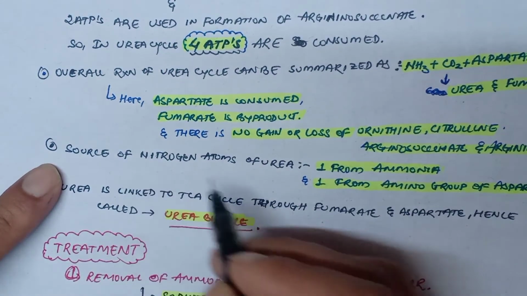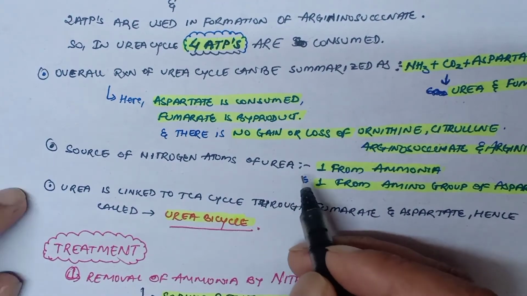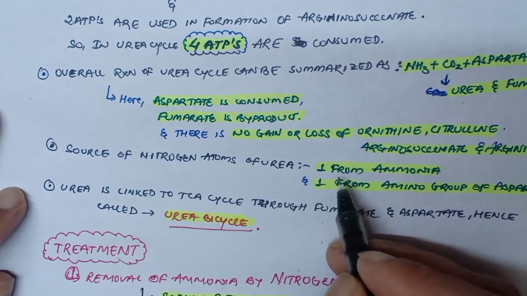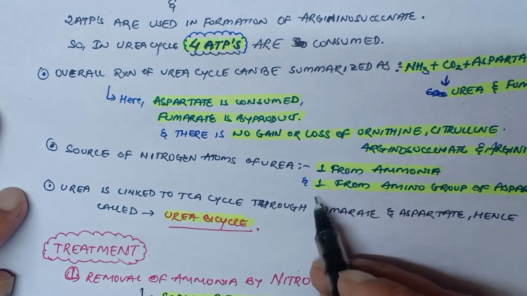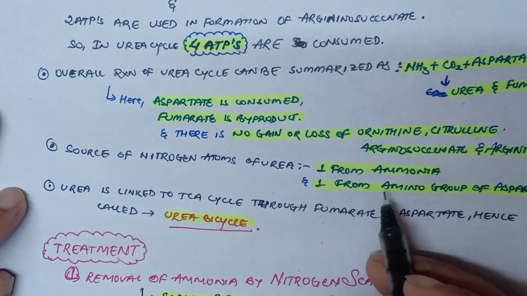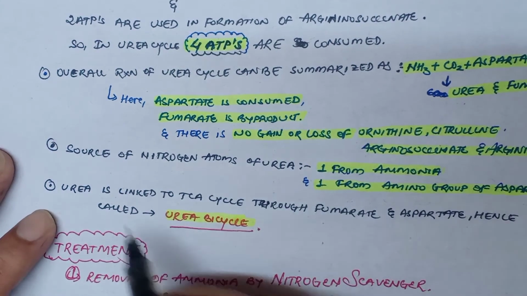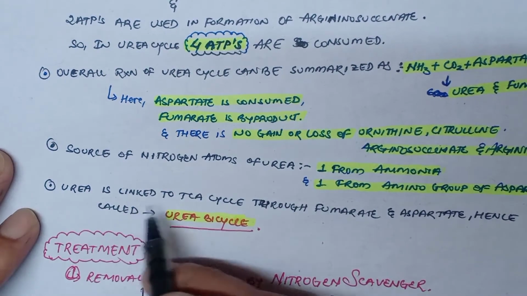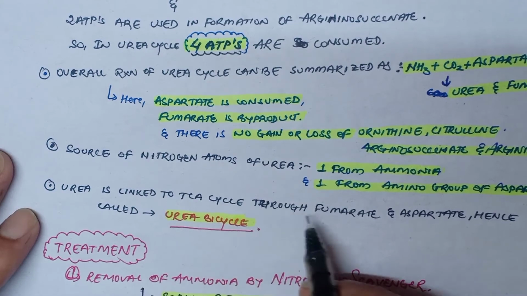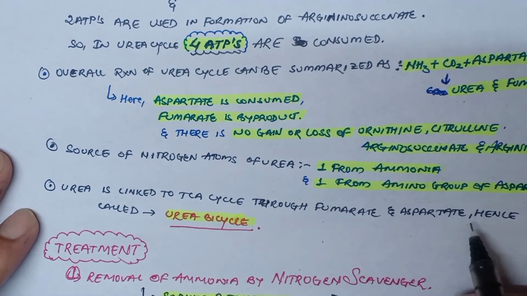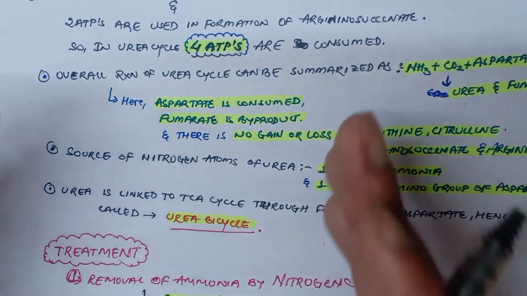And the source of nitrogen atoms of urea are one nitrogen atom comes from ammonia and the other nitrogen atom comes from amino group of aspartate. Urea is also linked to TCA cycle through fumarate and aspartate, and hence this is also known as urea bicycle.